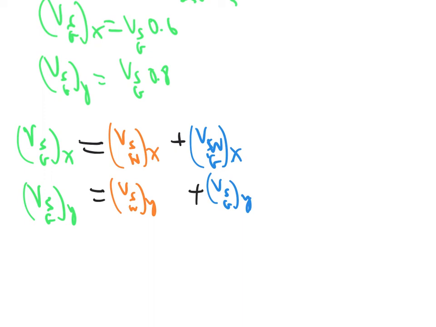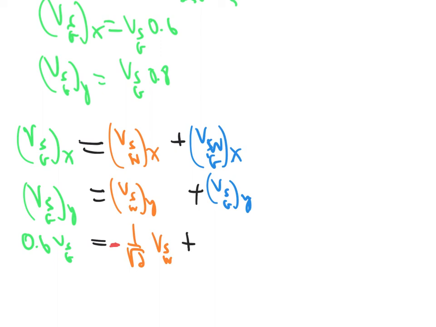So we can start saying that 0.6 times the velocity of the swimmer with respect to the ground is equal to 1 over root 2 times the speed with respect to the water. And then we have to remember to put in a minus sign because it's going the other way.